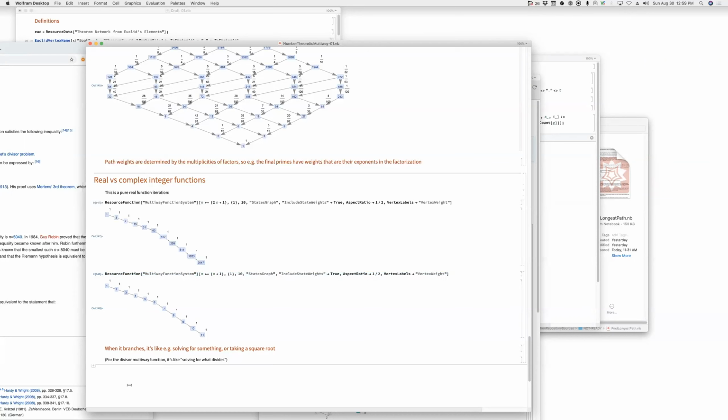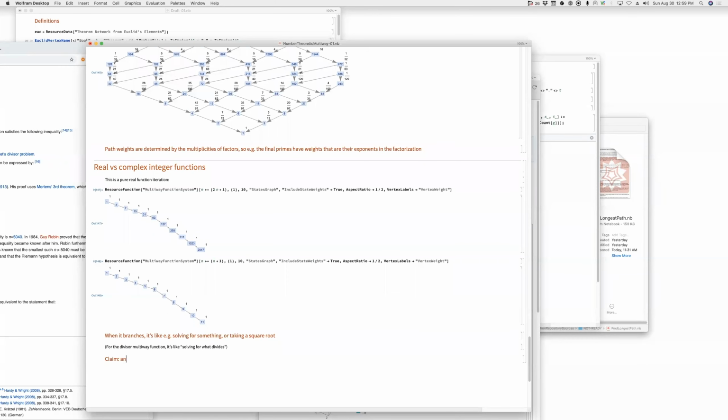Okay, so your claim, which is not obvious to me, this is a very bizarre claim, is that any multi-way system graph can be generated from a complex function iteration. Is that what you're claiming? Something like that.